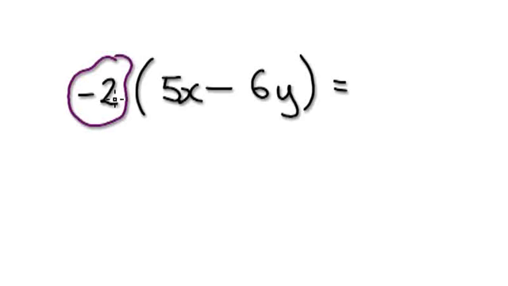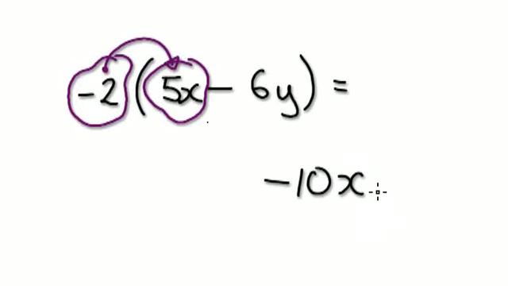You've got a 2 inside a bubble here. Now get this bubble and multiply it with this. So the minus 2 times 5, basically just get the minus 2 times this whole bubble. That would be minus 10x.